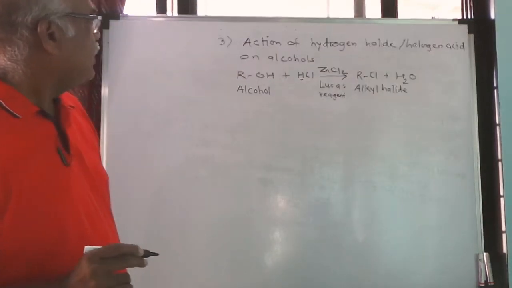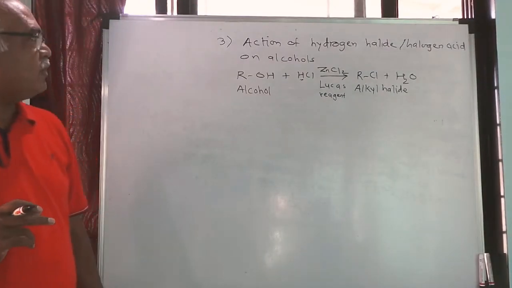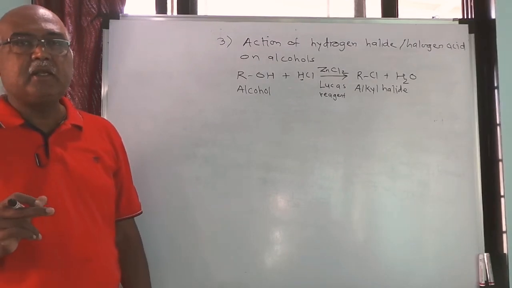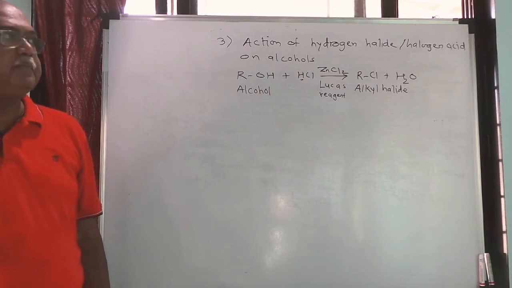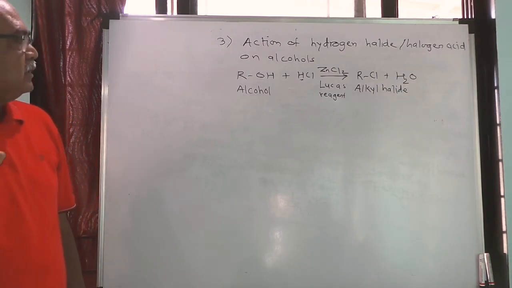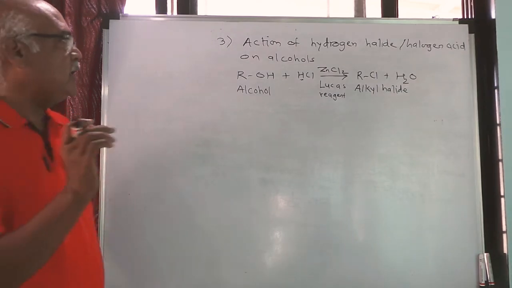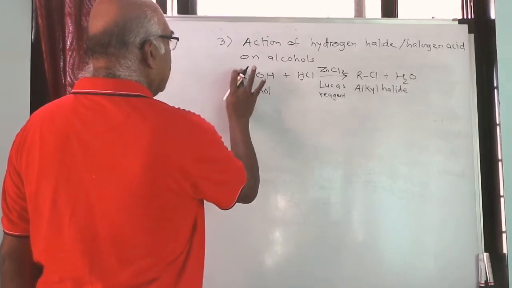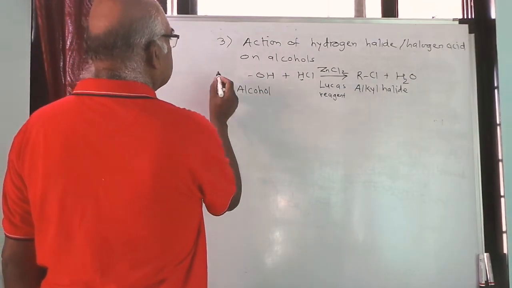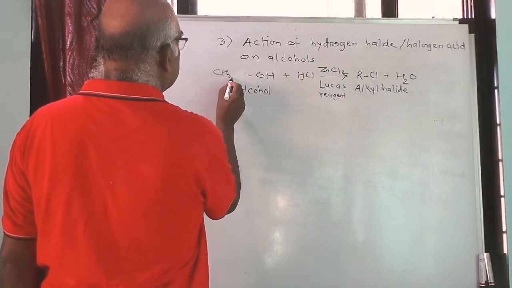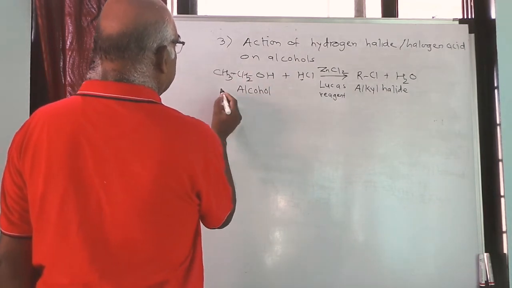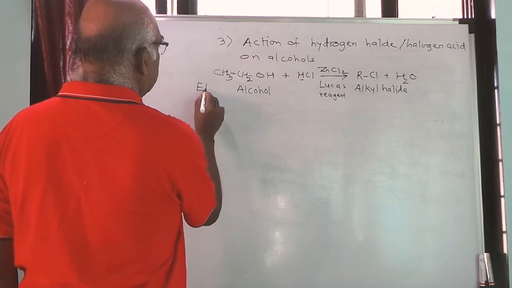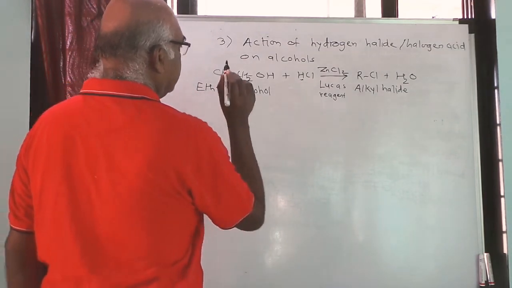Now we are going to take different examples of alcohols and treat them with this hydrogen halide, or HCl. We will take primary alcohol. For primary alcohol I will take this example, CH3CH2OH. This is ethyl alcohol, which we all know is a primary alcohol.